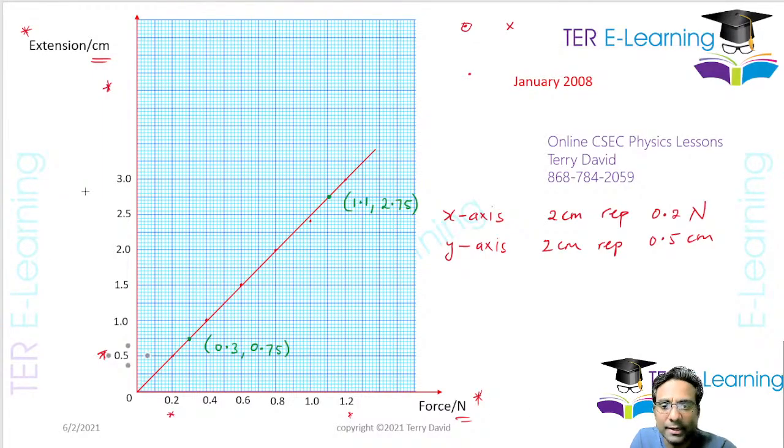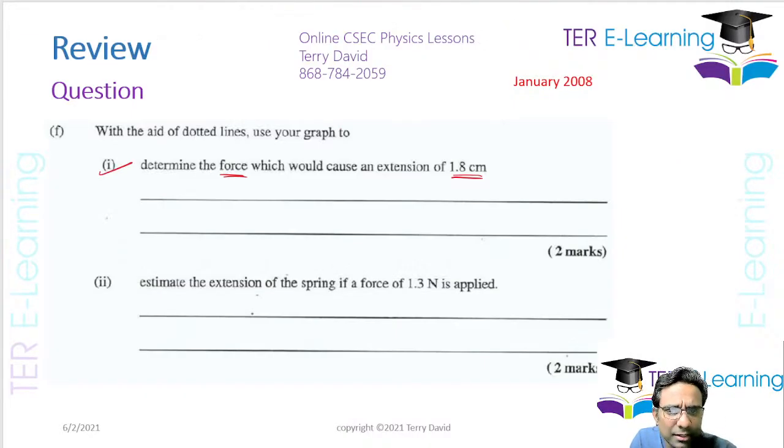So let me just get a line to begin with. Let's make this red, make it a little thicker. Let's make it dashed. Alright, so this is a line here. And what we want to get is the extension, determine the force which produces an extension of 1.8.